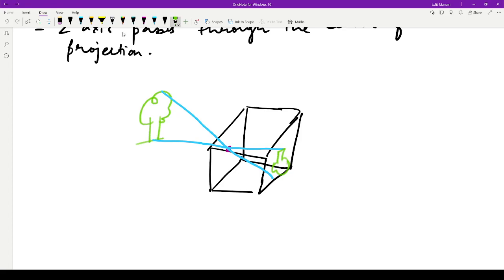Do you agree? Yes, in all camera models.